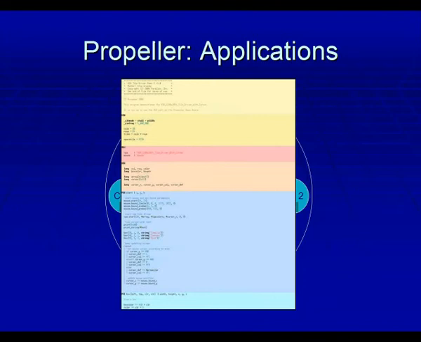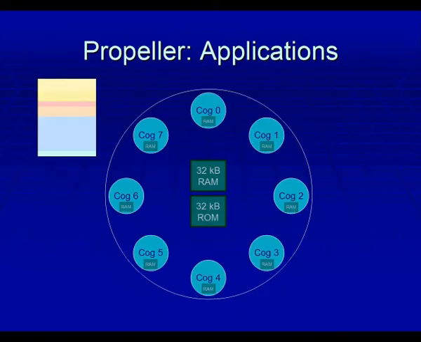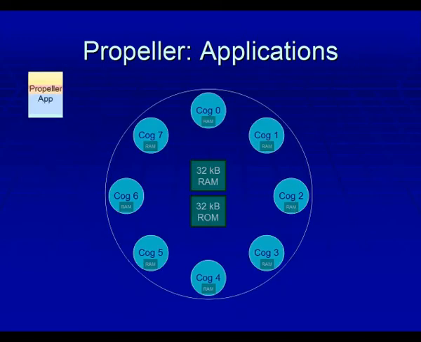And then here's another point of confusion that I'd like to clear up for everybody before we move further. Propeller applications. When you take an application and compile it in the Propeller tool, it gets converted into a binary image, and that image gets downloaded to the Propeller's RAM.